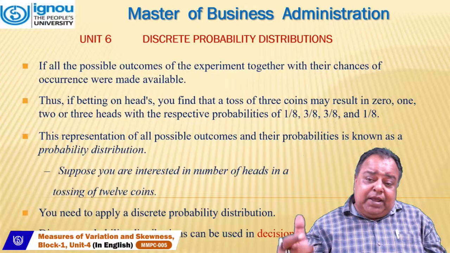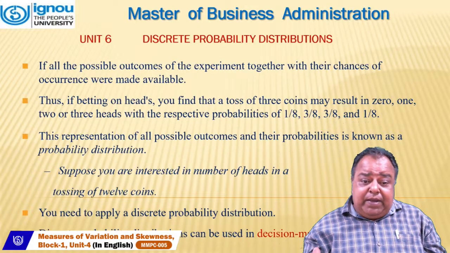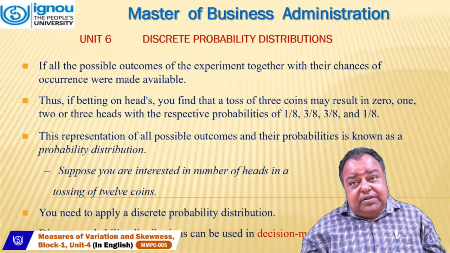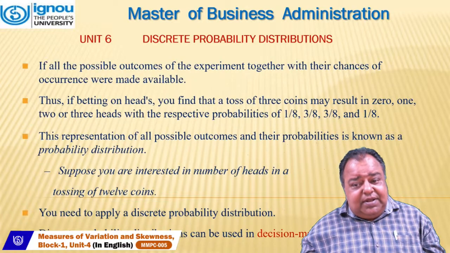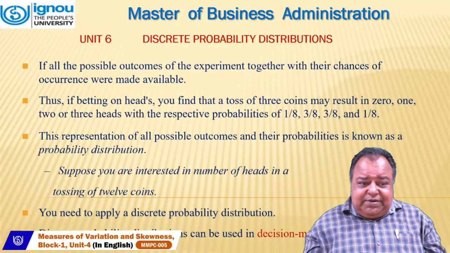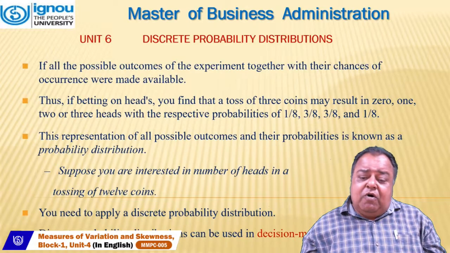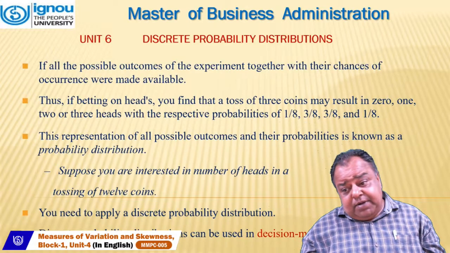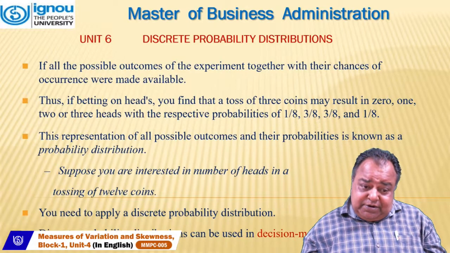That means when we are flipping 3 coins, there is a probability that no head comes, 1 head comes, 2 heads come, or 3 heads come. So we have different probabilities. This representation of all possible outcomes and their probabilities is known as a probability distribution.